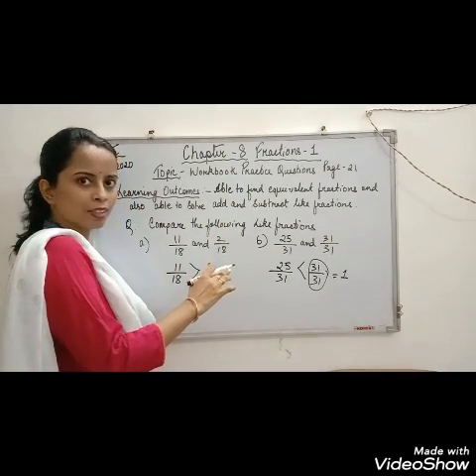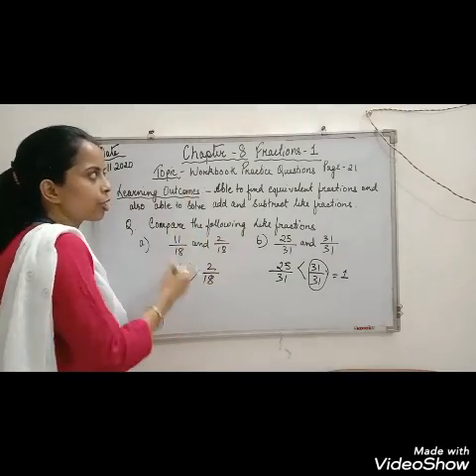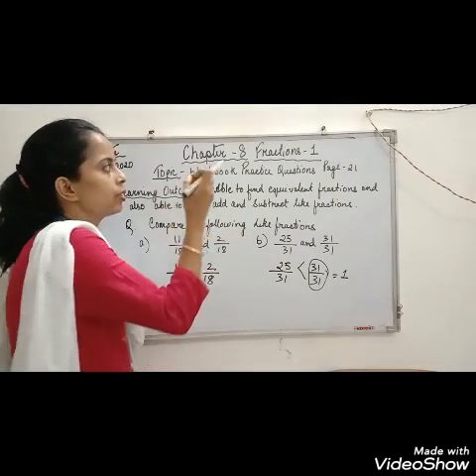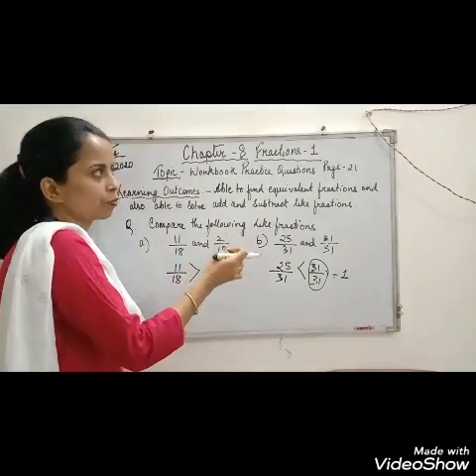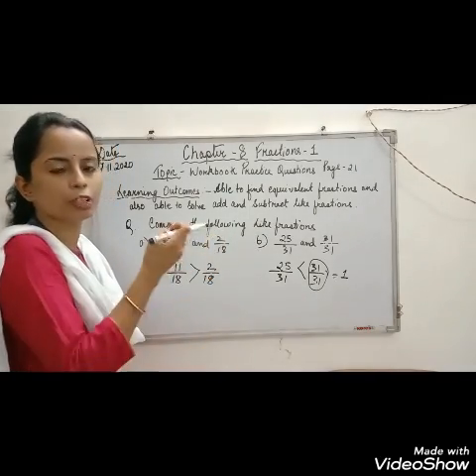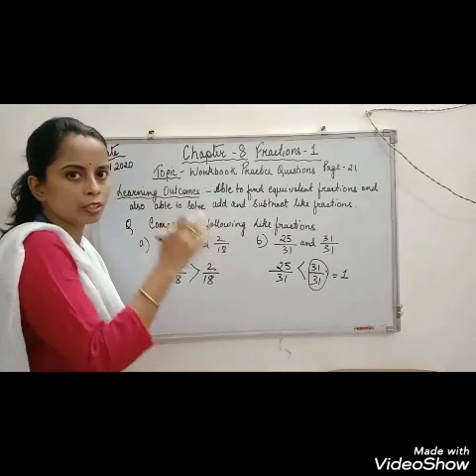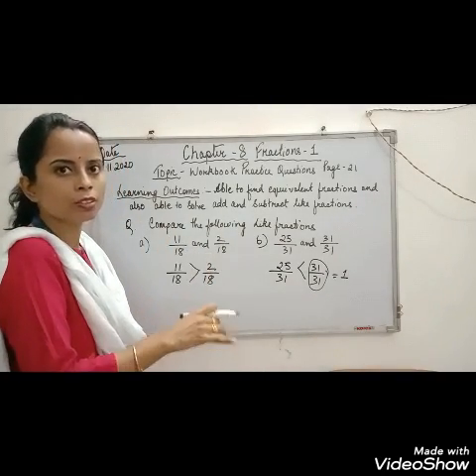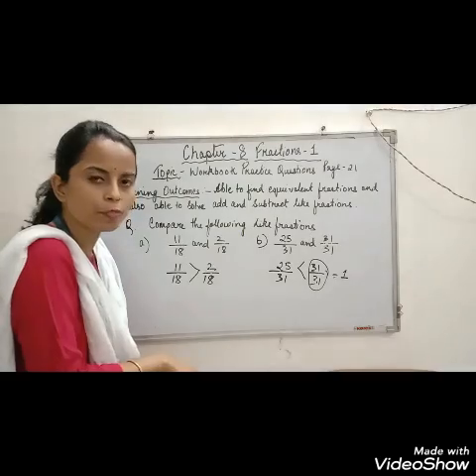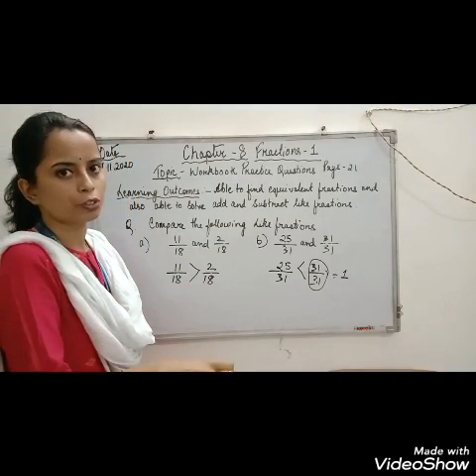As we are doing fractions, under fraction chapter 1 we have learned about equivalent fractions and about like fractions. And now we are going to do sums based on equivalent fractions and like fractions.